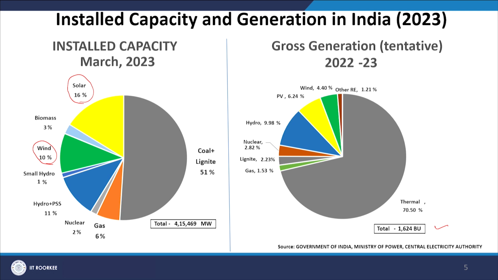So, as a whole, if you compare, the installed capacity is close to 25 to 30% of the total installed capacity in India, and approximately 10 to 12% gross generation is available to us from wind and solar energy. So, these are the two distributed generation systems playing a critical role in Indian power systems.